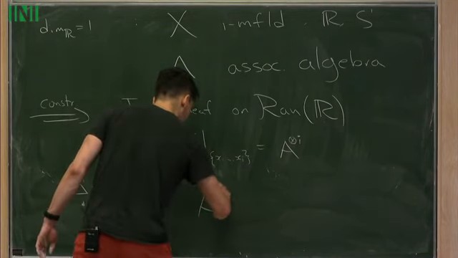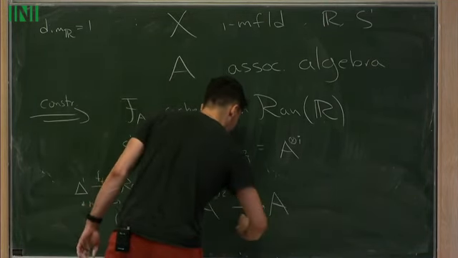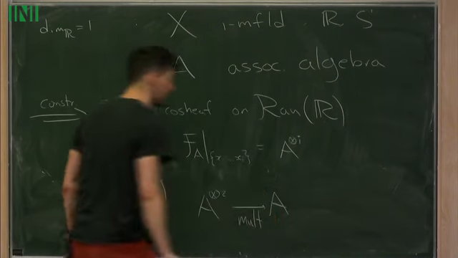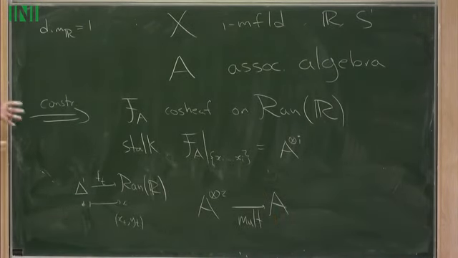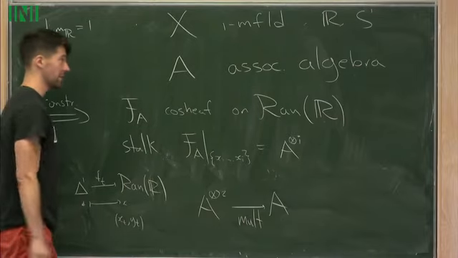Well, you need a map from A tensor with itself twice to A, and you have such a map, it's the multiplication. So what happens here is you take these constant, locally constant cosheaves on every stratum, and then you glue them together using the multiplication on A. And it turns out that can be made sense of, and this is the heuristic.